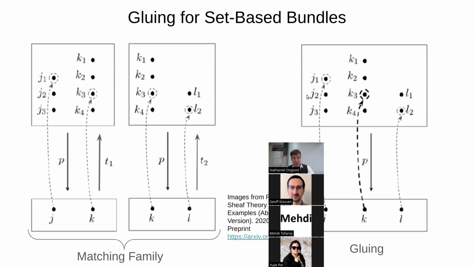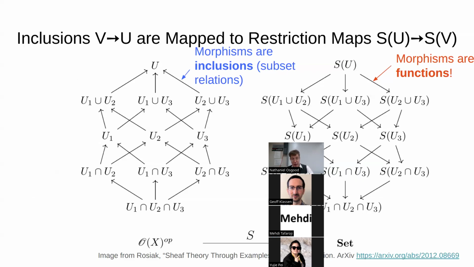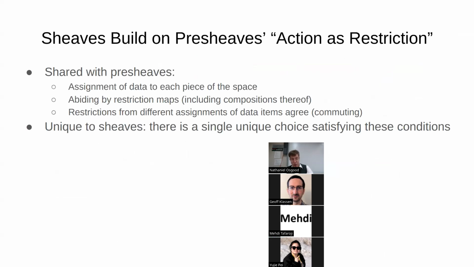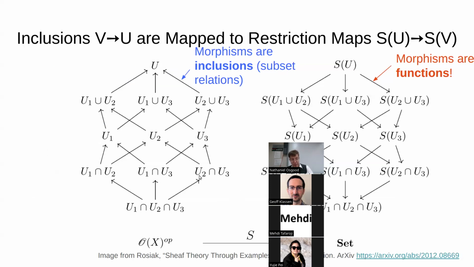This one from J1, this picture from K, and this picture from L2. So you can imagine, like, maybe U1, U2 have these two, U1 and U3 have these two, and then we want a picture for U1 that's consistent with respect to those.